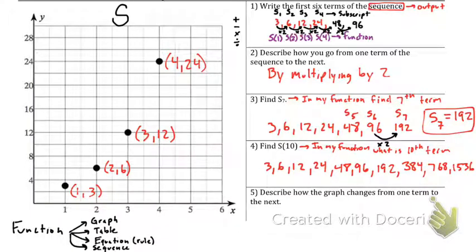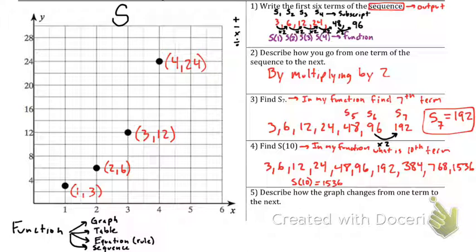So if you look at this, is that the 10th term? 1, 2, 3, 4, 5, 6, 7, 8, 9, 10. So the answer to this is, in function notation, S10 is 1536. Okay.